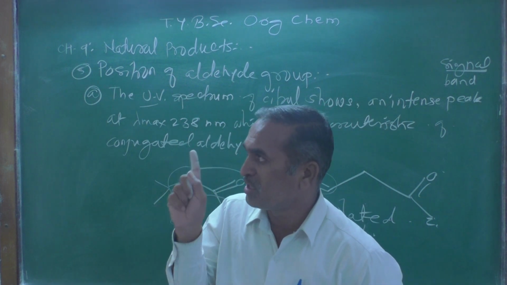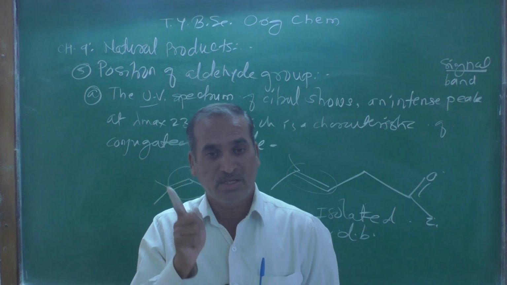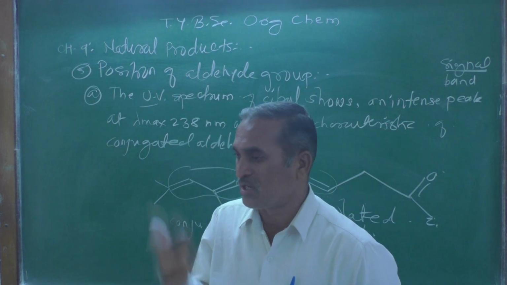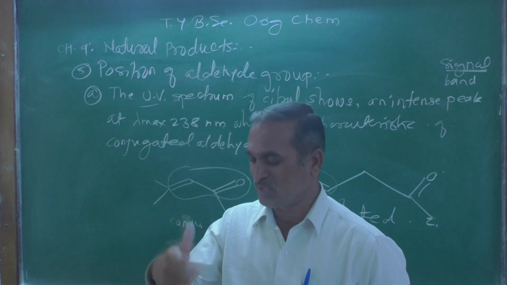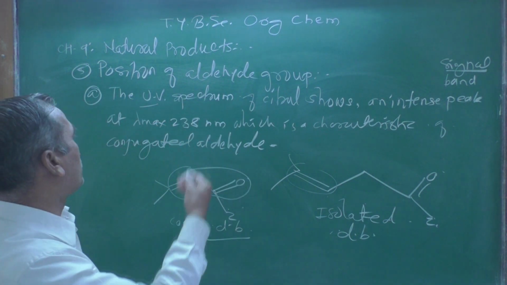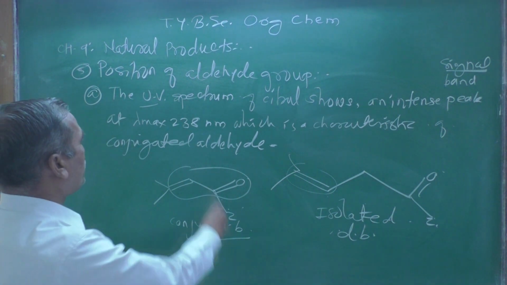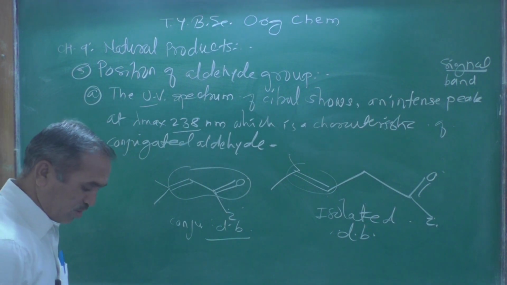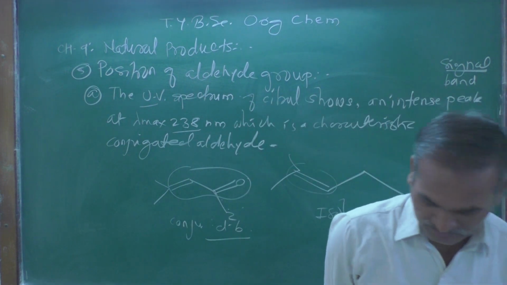By looking at an ECG, that type of spectra, they immediately know what kind of disease that person has. Similarly, chemists, by analyzing the spectrum, can easily understand what type of functional group is present. So this is one of the characteristics: when the peak is observed at 238 nanometer lambda max, according to Woodward and Fieser.